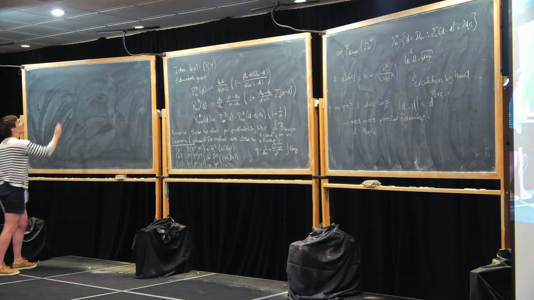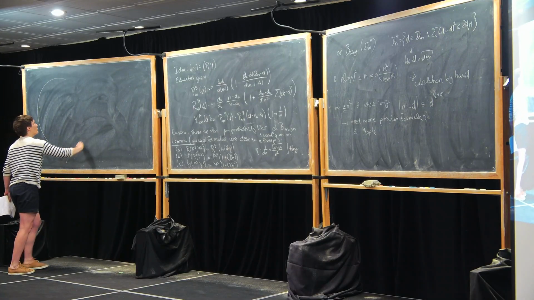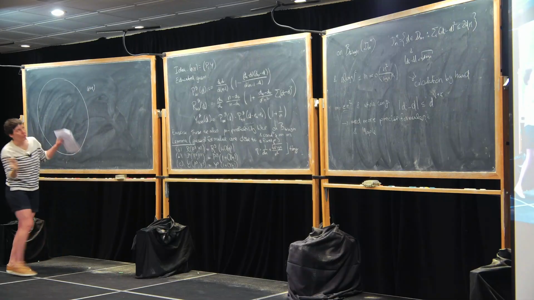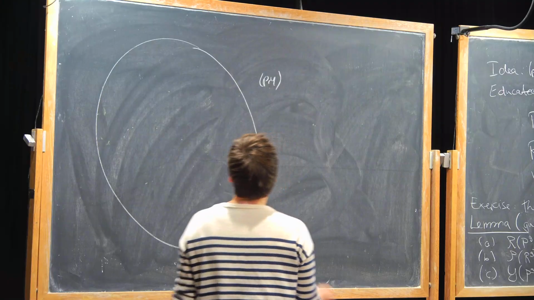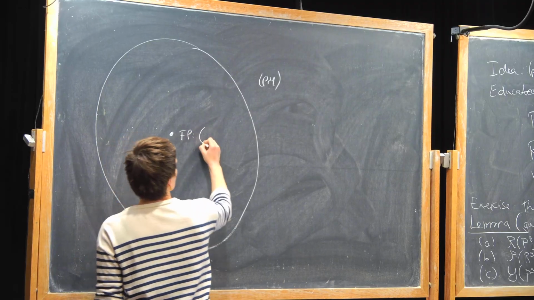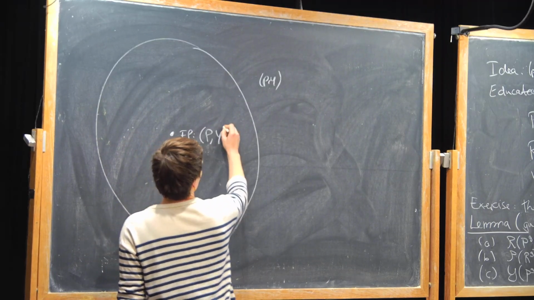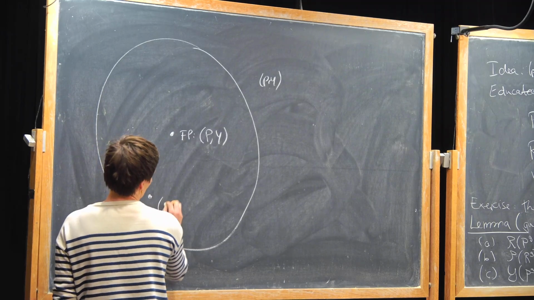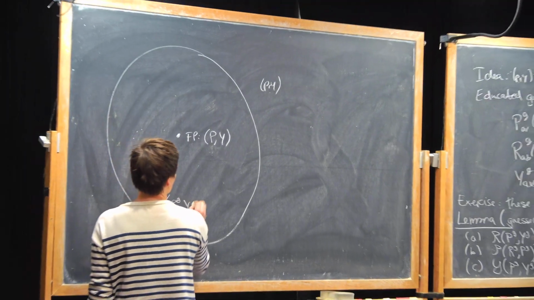You have your set of pairs of functions, P and Y, that are all mu probability-like. Somewhere here you have your fixed point, which is the real probability and the real Y. And somewhere else you have your guessed formula, P guessed and Y guessed.